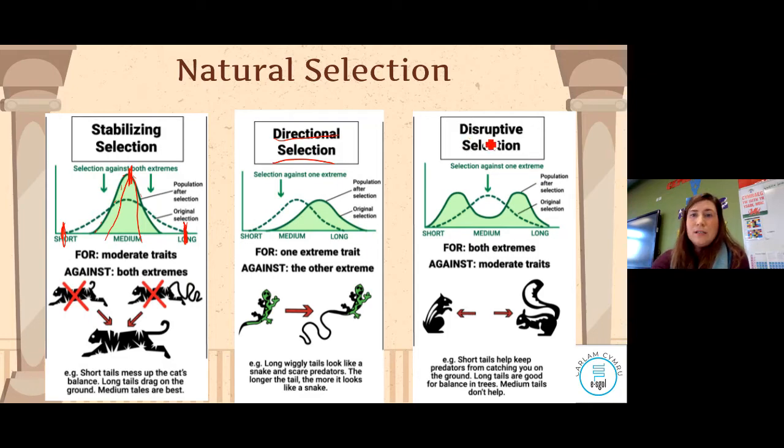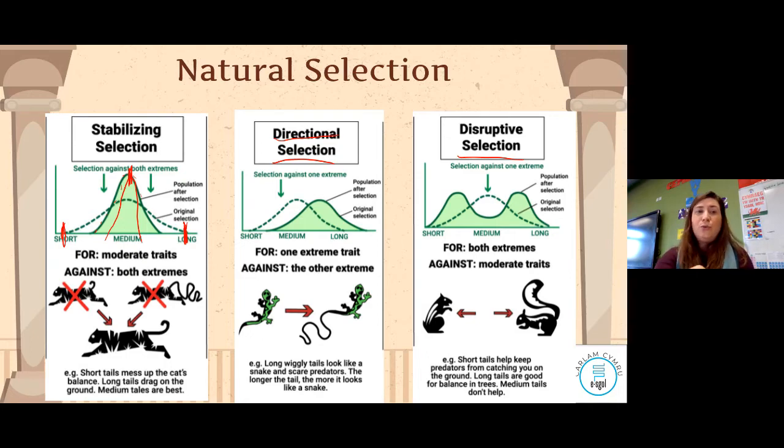And the last one, disruptive selection. Again, have a look at this information, see if you can decipher what's going on, and then I'll give you an explanation. So here, in disruptive selection, in some situations, the average phenotype is not advantageous, and it's selected against.